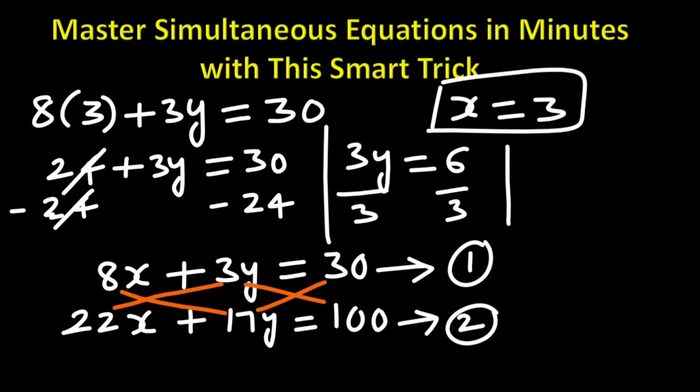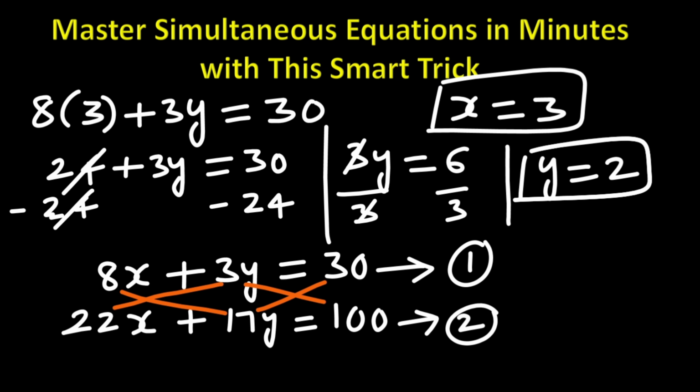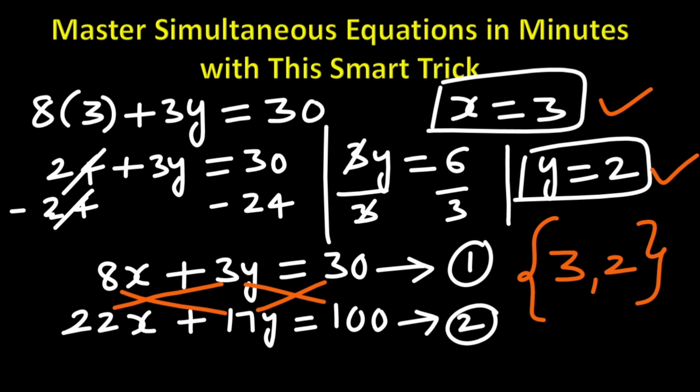So you get the value of y. So these 3 cancel out. So y equals 6 divided by 3, that's going to be 2. So y value is 2. So x value is 3 and then y is 2. The solution is 3 comma 2. This is the solution to the given simultaneous equations.